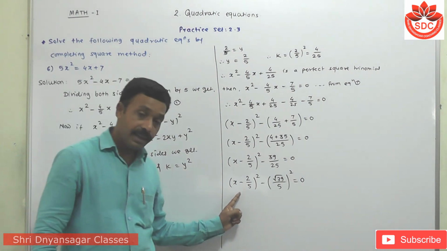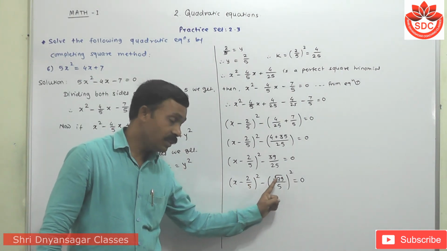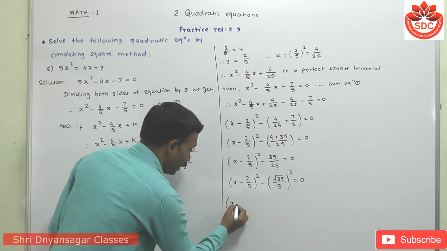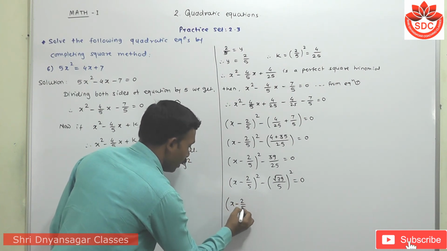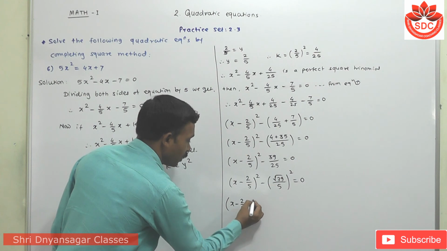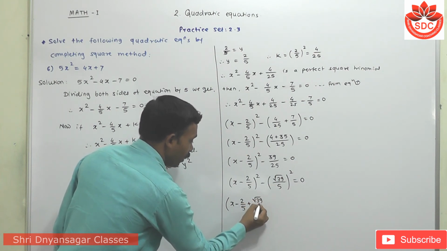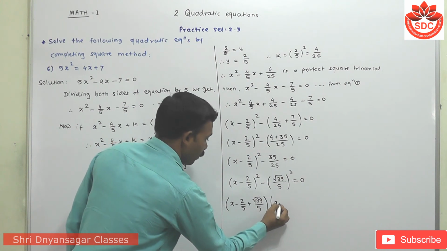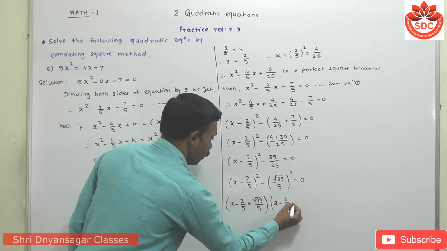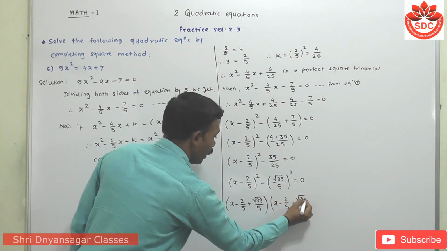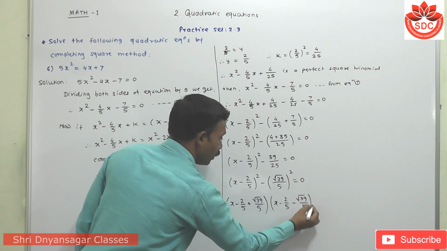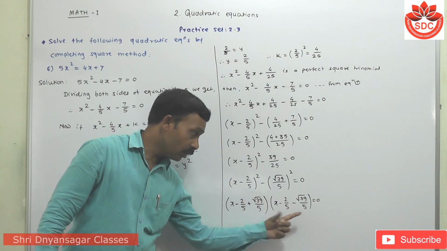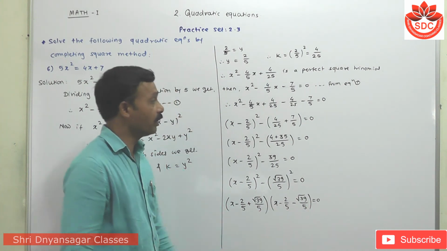Then this is the identity a square minus b square, that means a plus b into a minus b. So I have to write here x minus 2 upon 5 plus root of 39 upon 5, another bracket, x minus 2 upon 5 minus root of 39 upon 5 is equal to 0. Student, we know that if the product of two terms is 0, then at least one of them must be 0.